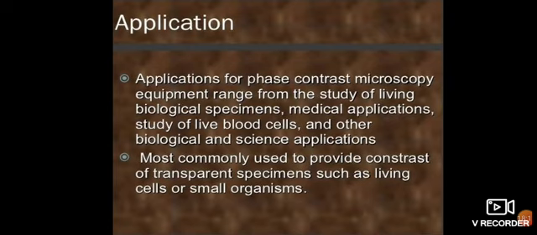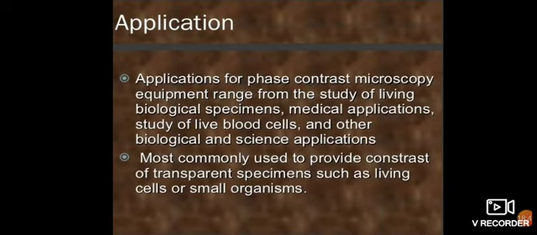Again, the applications: where we are going to apply the phase contrast method. The applications of phase contrast microscopy equipment range from study of living biological specimens, as already discussed, to medical applications, study of live blood cells, and other biological and science applications.